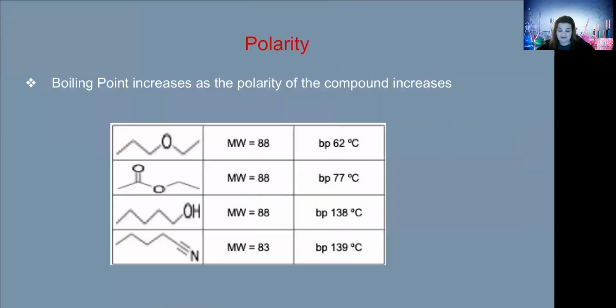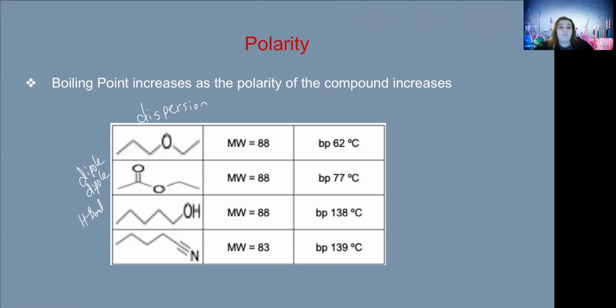The other factor is polarity. Now, polarity is kind of a weird topic the way it's discussed, because normally we think of polarity as this big extravagant word, right? What does polarity mean? We're talking about different forces, okay? So we could say this first guy has dispersion forces, this second guy has a dipole-dipole force, and the third one has hydrogen bonding.